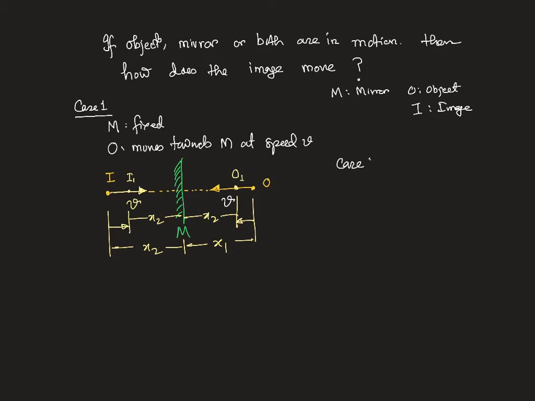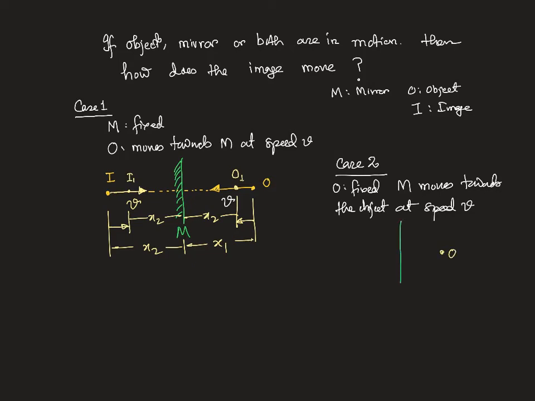Now case 2. Here, the object is fixed. M moves towards the object at speed v. Then what happens? Object O is fixed.